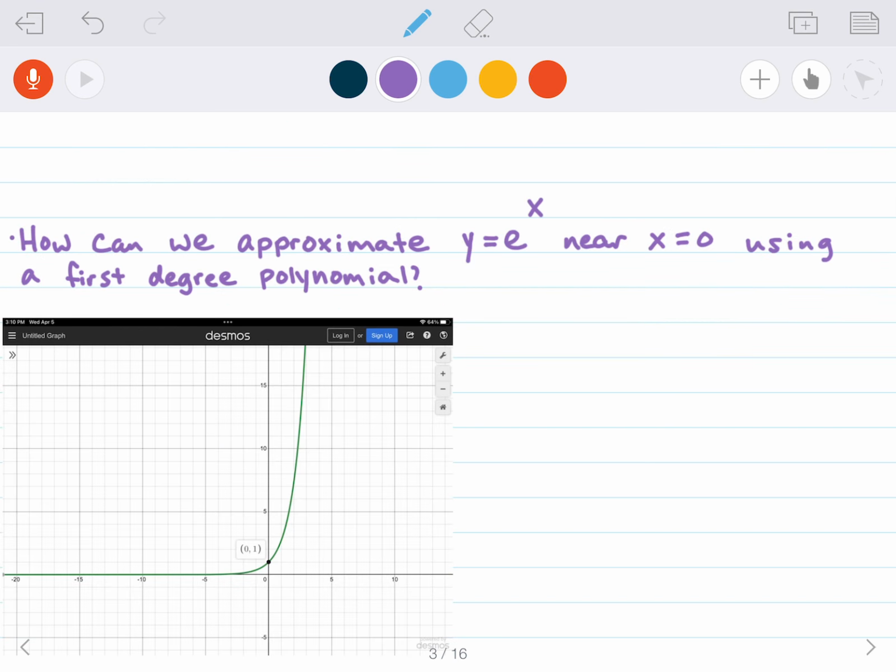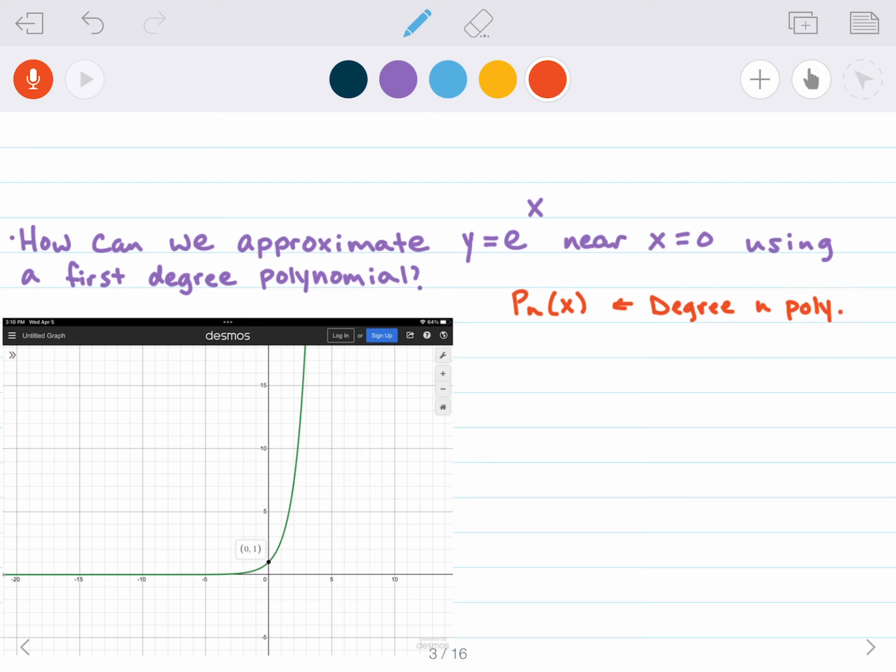All right. So first question we have, how can we approximate the function y equals e to the x near x equals 0 using a first degree polynomial, aka a line? So the notation that I'm going to use is this notation. So P sub n of x, and this is just a degree n polynomial that we're looking for.